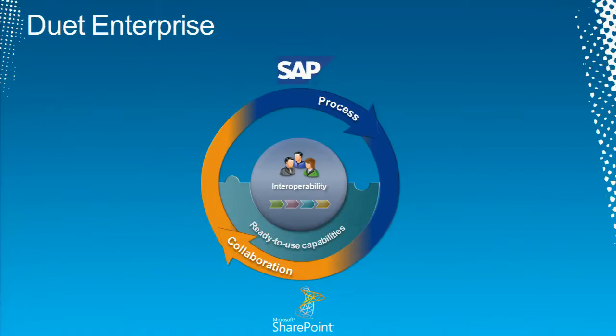We also bring across in the ready-to-use capabilities information out of the HR system, and we populate that up into SharePoint in the person's My Profile. So we know their roles, and we know other HR information about them, and I'll show you that in a couple minutes. But then, on top of the ready-to-use capabilities, Duet Enterprise is completely extensible.